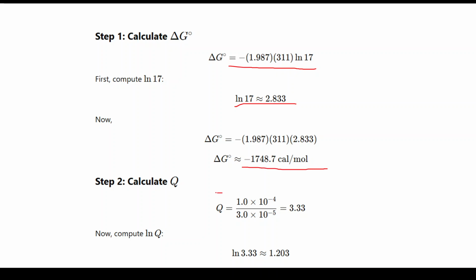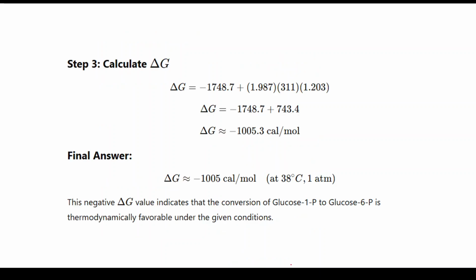Now we need to calculate Q. Q is product divided by reactant, which came out to be 3.33. So ln Q is 1.203. The next step is to calculate delta G. It is the standard Gibbs free energy plus RT ln Q, where Q means product divided by reactants.